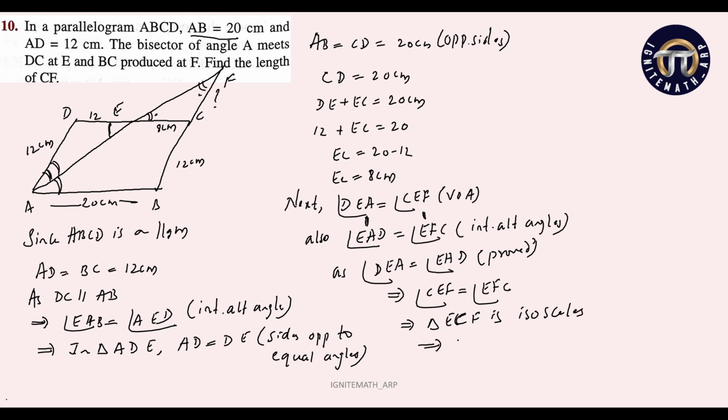Why? Because I can say EC is equal to CF. They are nothing but sides opposite to equal angles. So I can say CF is equal to EC, but we have already got the length of EC. So CF is equal to 8 centimeter. Clear, children? Is it clear? Yes? Okay. Now let us move to the next question.